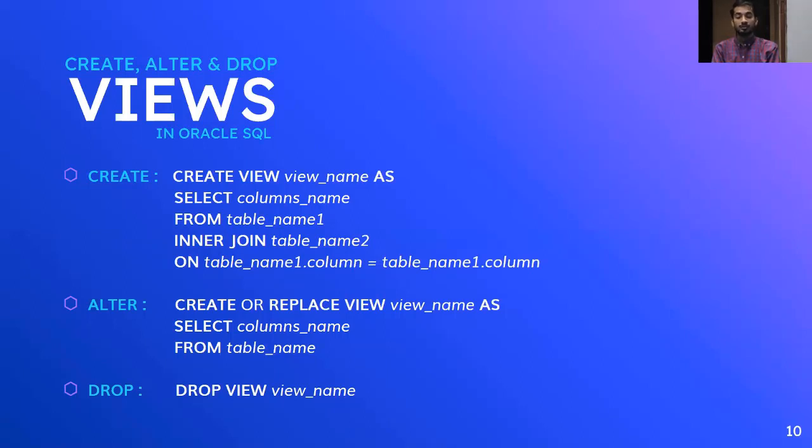If you want to edit the view, you can use CREATE OR REPLACE VIEW, view name AS SELECT the column names FROM the table. And the third one is drop. Drop means delete. If you want to delete a view, you can do so by using DROP VIEW and the view name.